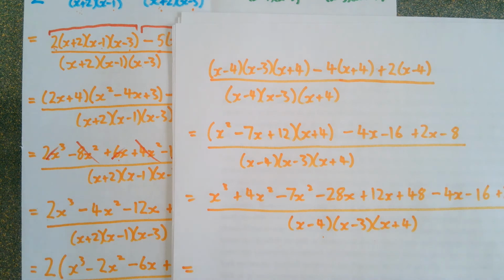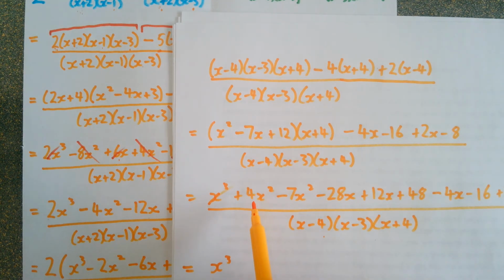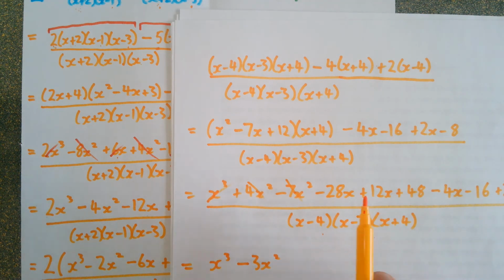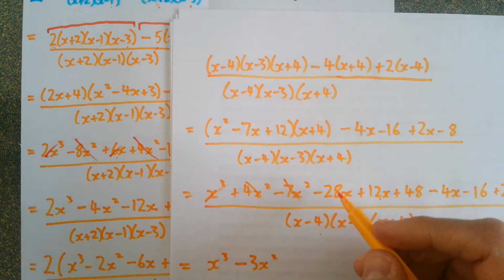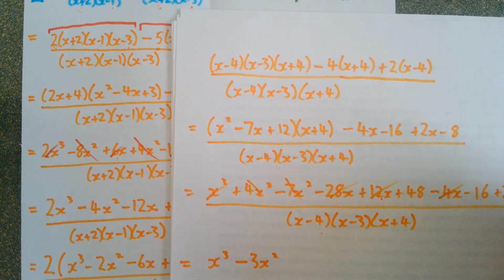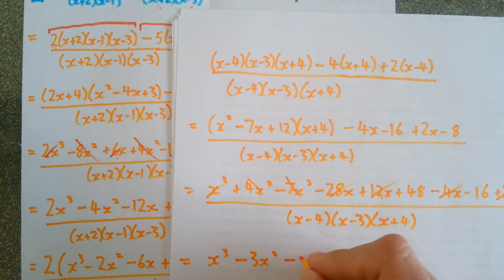And now we can start collecting terms together. So we've just got the 1x cubed. We've got 4 minus 7, so minus 3x squared. Minus 28 plus 12 is minus 16. Minus 16 minus 20x minus 18x.